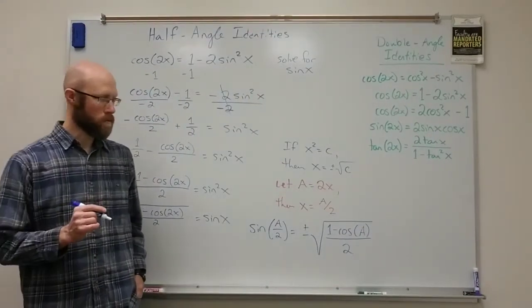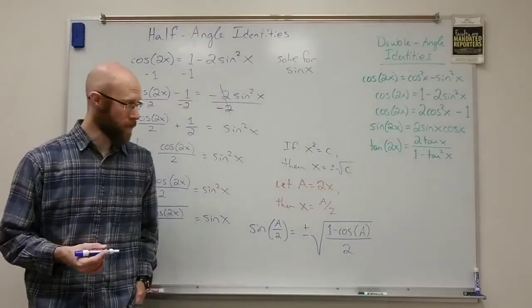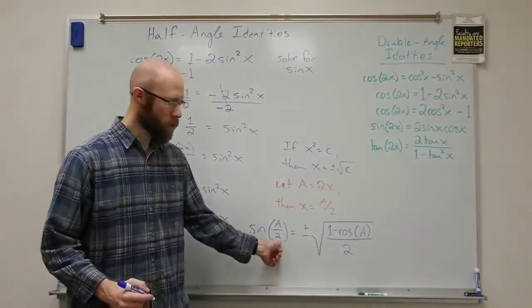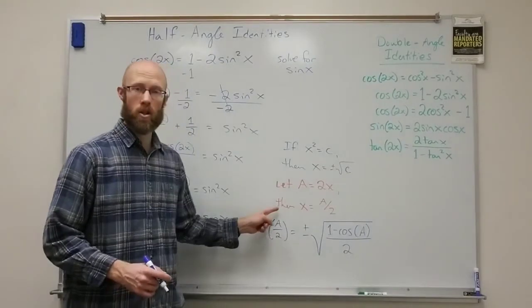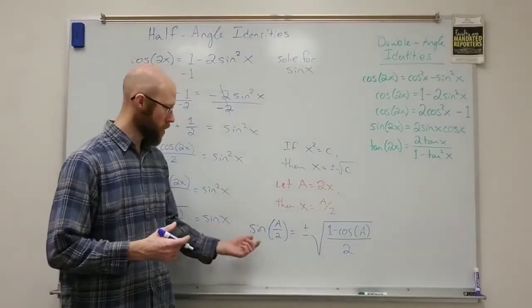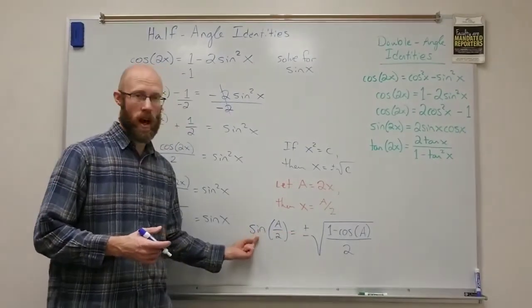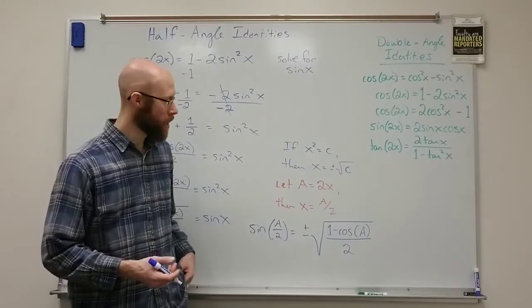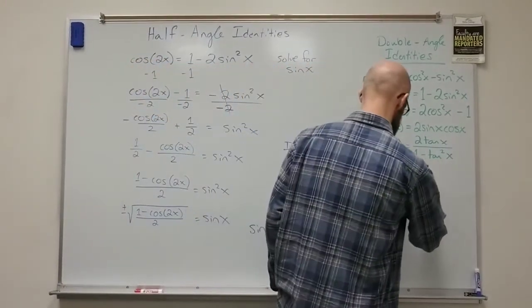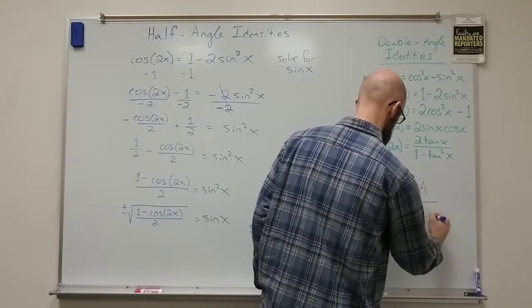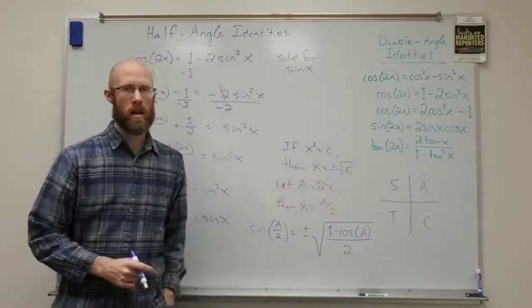Now again, I said I would mention the quadrant idea. The angle a over 2, this angle here, is going to terminate in one of the 4 quadrants. That quadrant is going to determine the sign of the sine, okay? The SIGN of the SIN. And so we have our ASTC diagram.